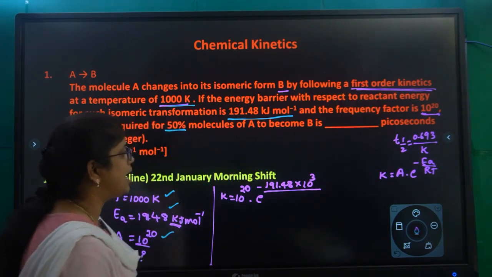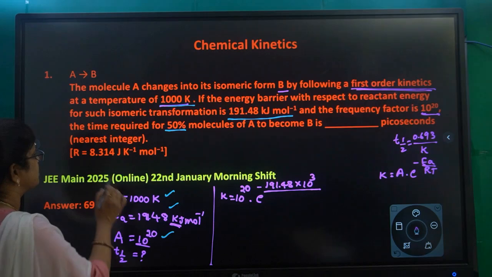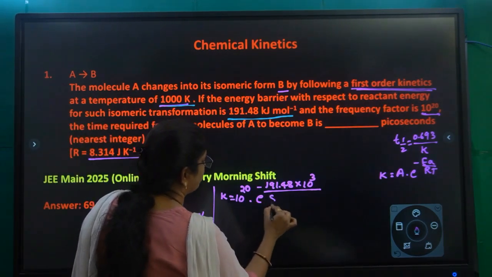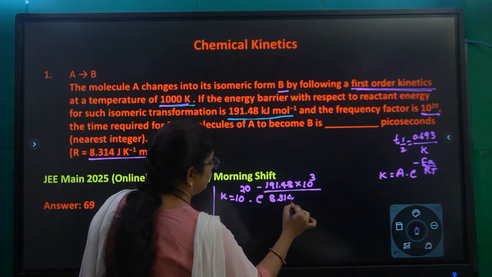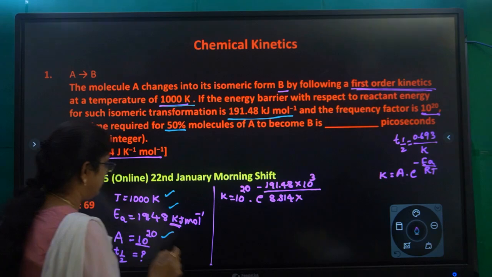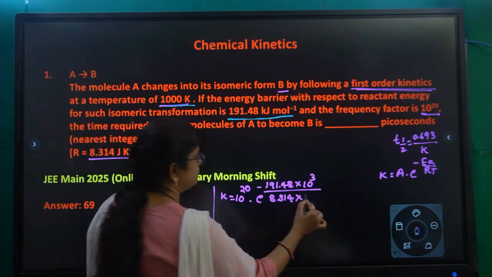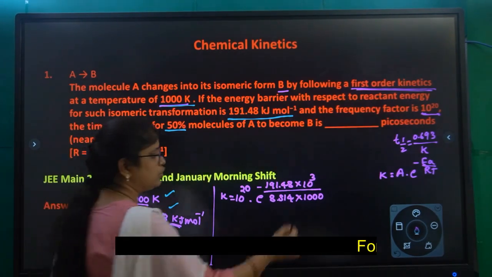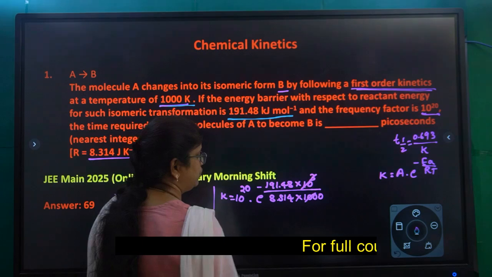Next, the R value. What is R? Gas constant, 8.314. So 8.314 into T. Temperature is 1000, which means 10 to the power of 3, so cancel this 1000 and 10 to the power of 3.